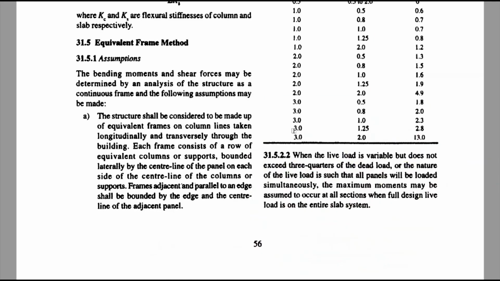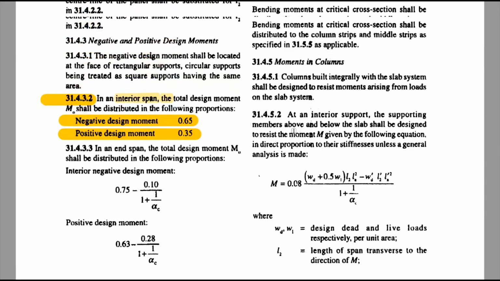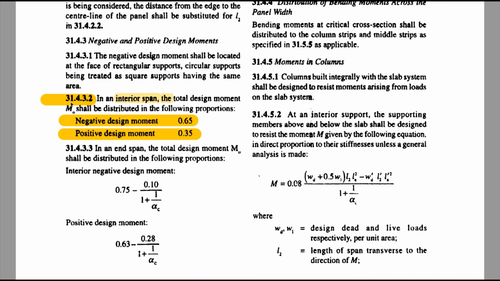Imagine there is a first criteria, 31.4.3.2. There is a criteria for the interior span only. For the whole interior span, the negative moment is 65% and the positive moment is 35%. But what we did is divide it into column strip and middle strip.